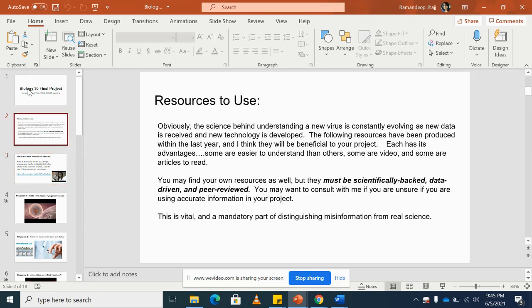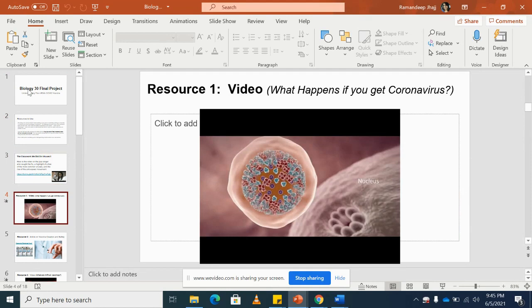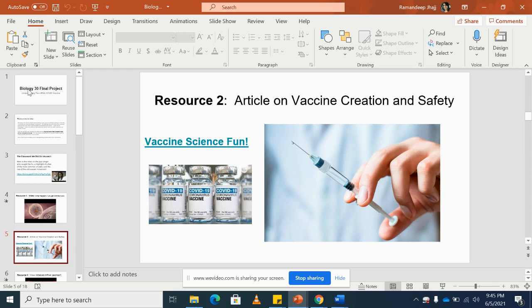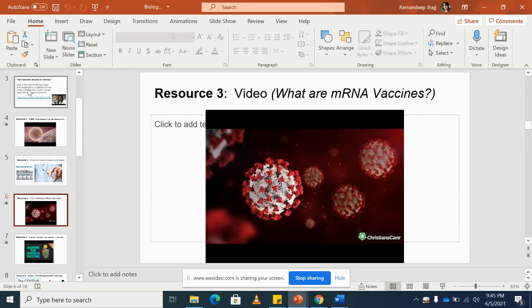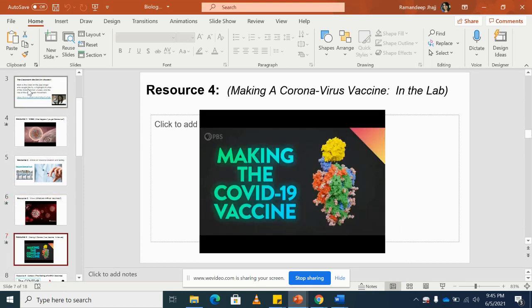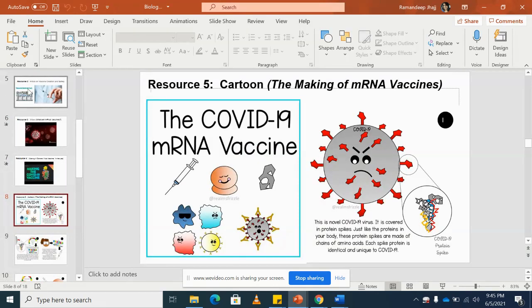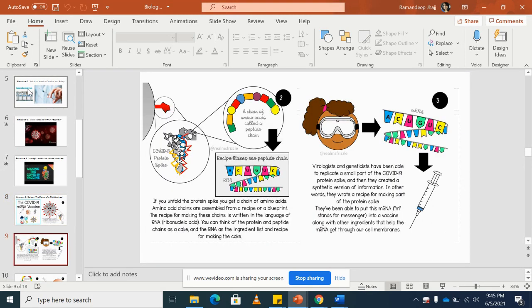In this final project, students will be given resources to use. They will watch a video about what happens inside your body if you get coronavirus, an article to read about vaccine creation and safety, and a video about mRNA vaccines and how coronavirus is made in a lab.